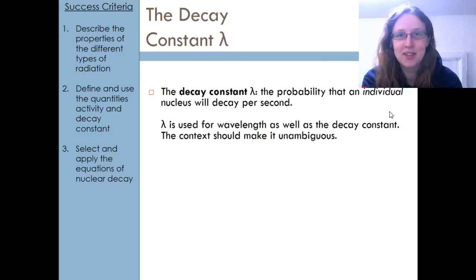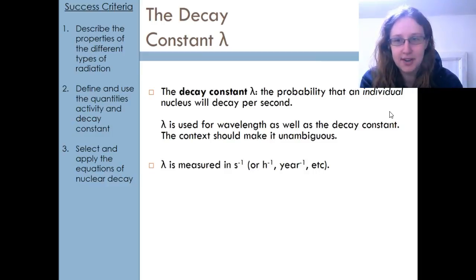So those of you out there tempted to quibble, you know who you are, deal with it. It's never going to be an issue. And lambda, of course, I'm sure you already figured out, is measured in per second. Sometimes you might be given it per hour or per year, if that's more reasonable. But it is a per amount of time because per second is its official definition.